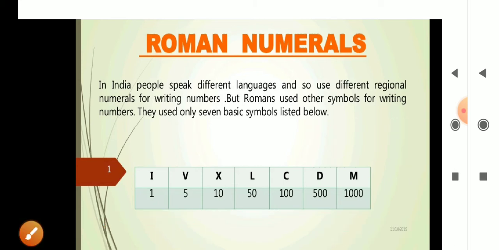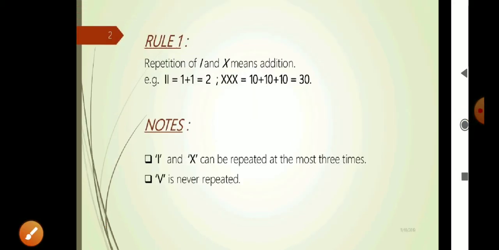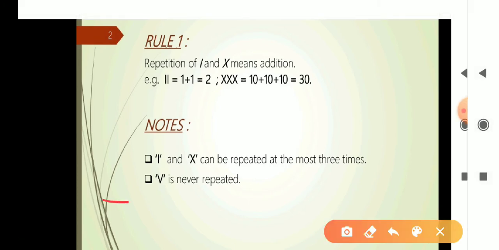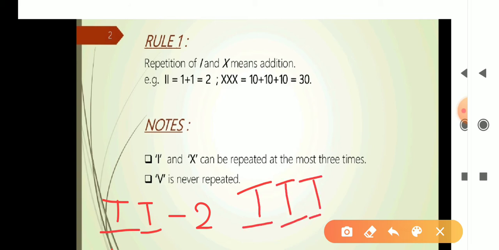Let's see some rules. Rule number 1: repetition of I and X means addition. If we repeat I or X, it means addition. For example, if I write 2 I's, I stands for 1, so 1 plus 1 is 2. If I write 3 I's, it means 1 plus 1 plus 1, which is 3.